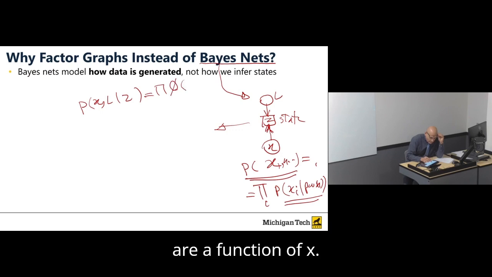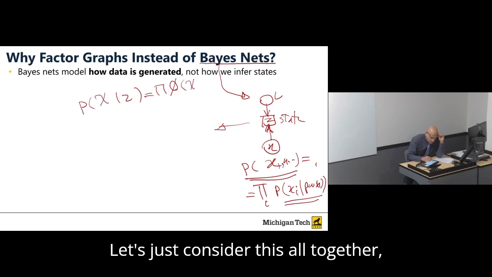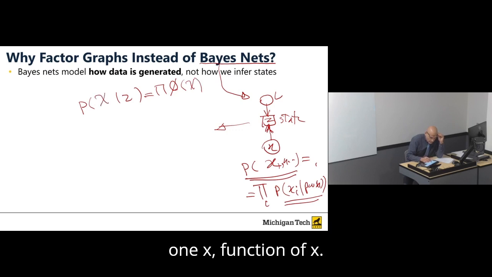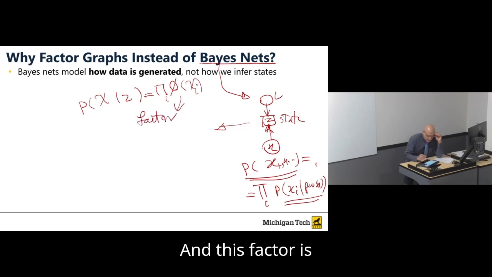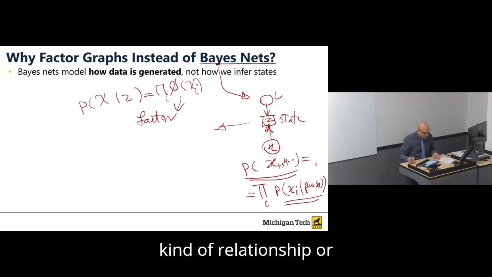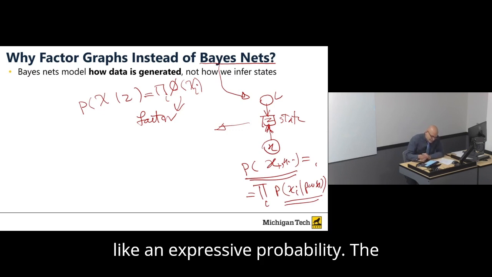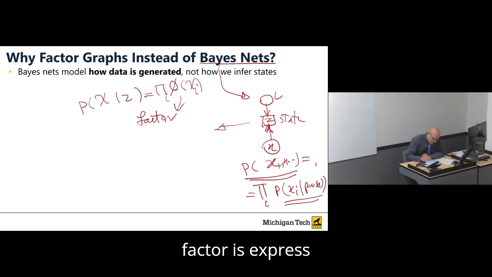Factors are a function of X. Let's just consider all of this together as X. This factor is a kind of relationship, an expression of probability for a state Xi.